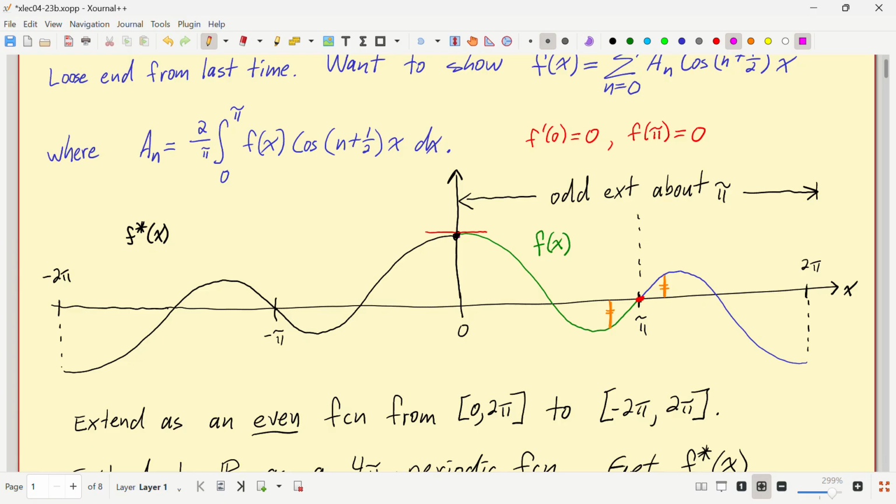Cosine is plus 1, and then it goes down and is minus 1, and then it goes back up, and it's 2 pi periodic. So sure enough, that's not a very good graph, but cosine is 0 at pi over 2 here, then it's minus 1, and then it goes up like that. That is symmetric about pi.